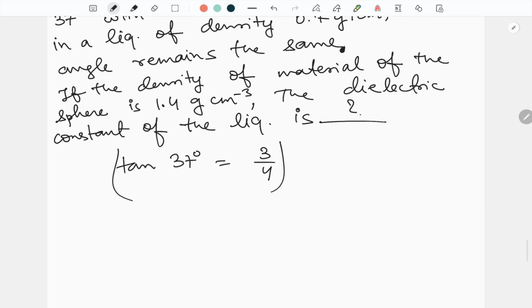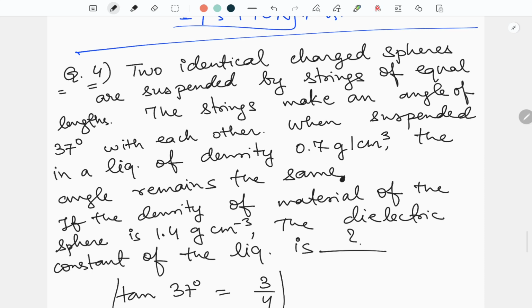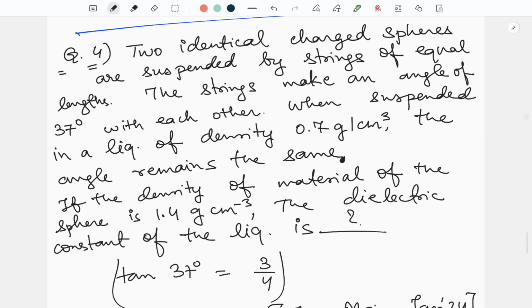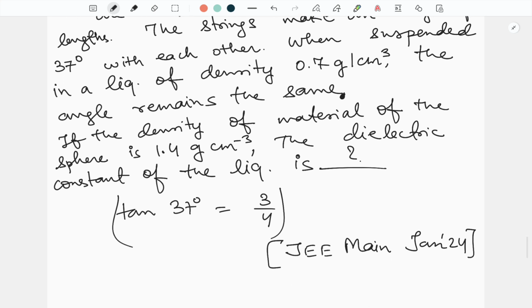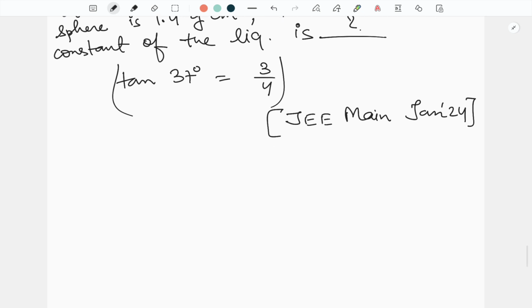Okay, so this question was asked in JEE Main January 2024. In this question there are two charged metallic spheres suspended by strings of equal length. So the strings make an angle with each other when suspended in air.